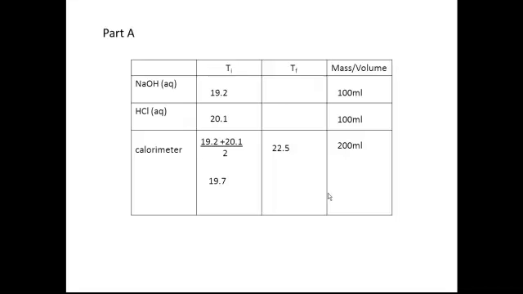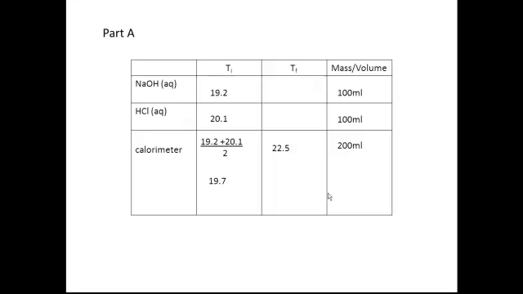Okay, one of our assumptions for calorimetry is that we're going to treat any solution that's in the calorimeter like water. So it's going to have the same density of water, it'll have the same specific heat capacity, and so on. So the mass of the water in the calorimeter, its volume is 200 mLs, and so we will just assume the mass is 200 grams.